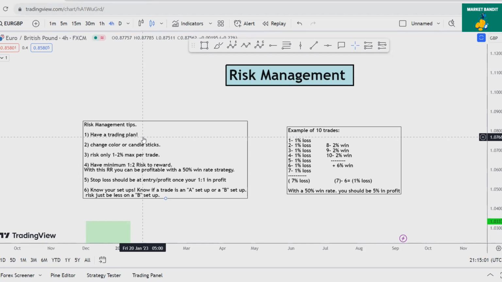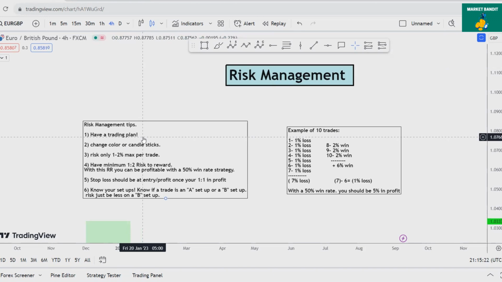How many trades you're taking per day, like all that stuff, right? And I always recommend don't take more than 2 trades, maybe 3, per day. If you could stick to 1 trade per day, that's good, right? But have a trading plan first.